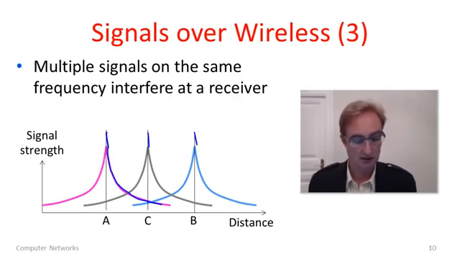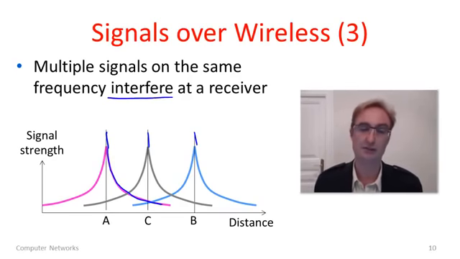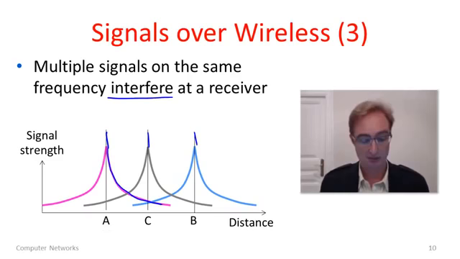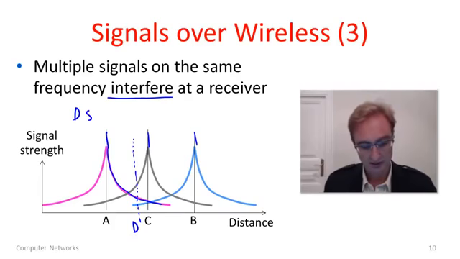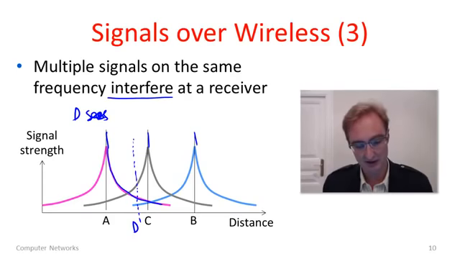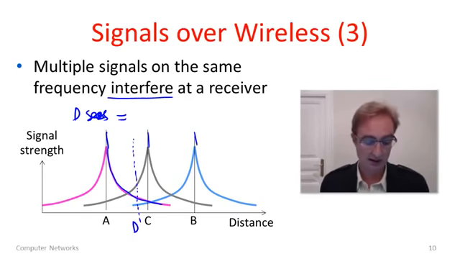And this leads to a phenomenon called interference at the receiver. Let's just imagine for a moment that we have the receiver at another location, right here. I'll call this D if you like. What does D see? Well, at this particular location, we can see that signals from all 3 transmitters are present at different amounts of attenuation.